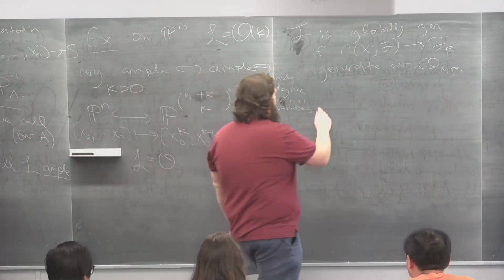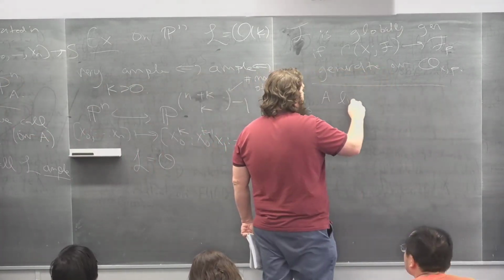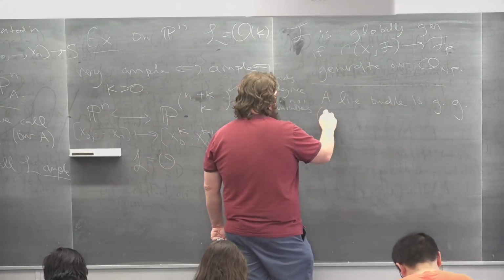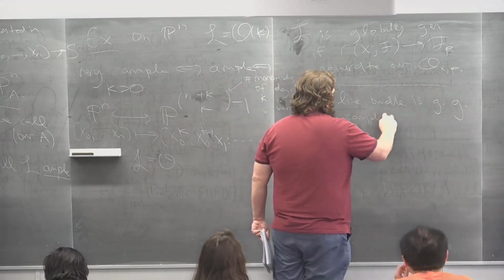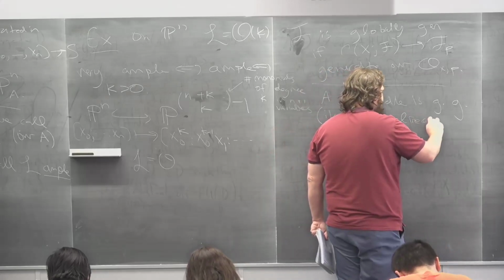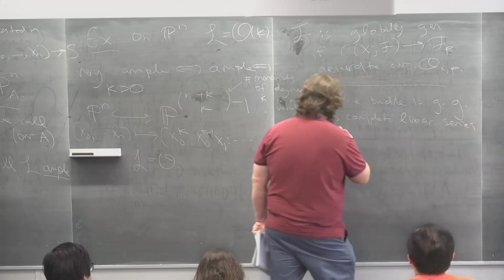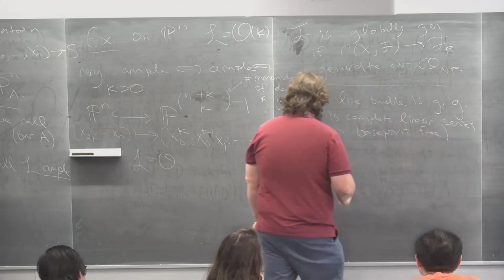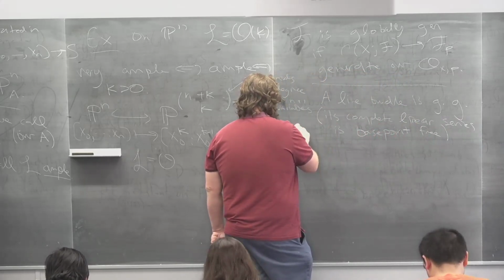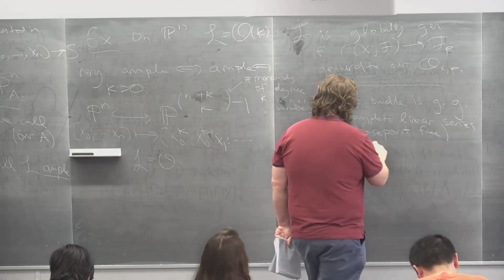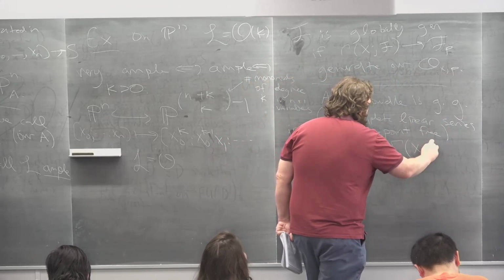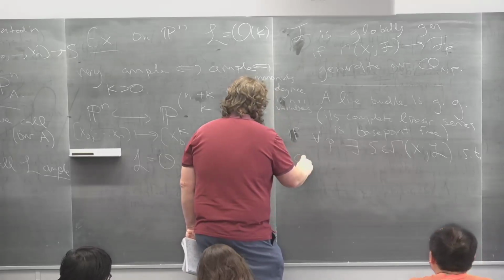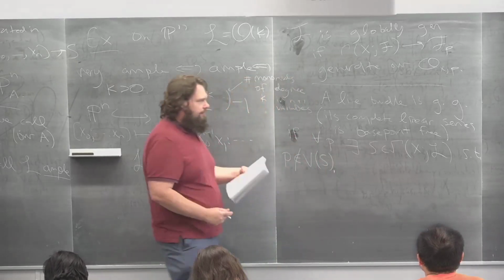For a line bundle, a line bundle is globally generated, which is the same as saying its complete linear series is base point free, if for all P, there exists S, a section of this line bundle, such that P is not in the vanishing set of S.